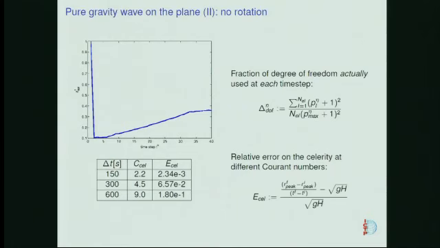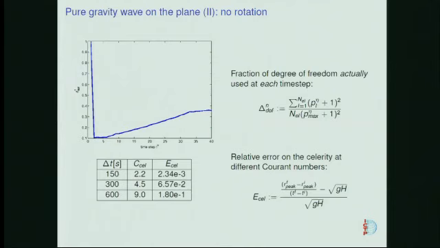Here there is a measure of the saving of degrees of freedom. At a fixed time step, we divide the number of degrees of freedom used at this time step with adaptivity by the number of degrees of freedom associated to maximum polynomial degree everywhere.